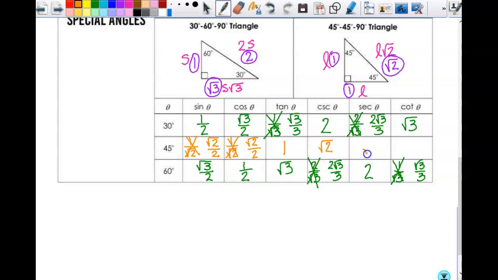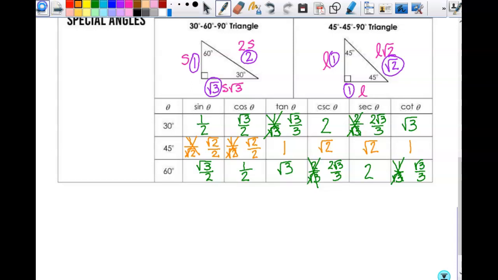And then secant would also be the square root of 2. And what would cotangent be? 1. Okay? So sine and cosine are related to each other with the angle measures and their trig values. And then 45 just kind of relates to itself. Okay? We good? So again, right now, you have to know how to find them, but you don't have to go memorize them. We'll get to that point.